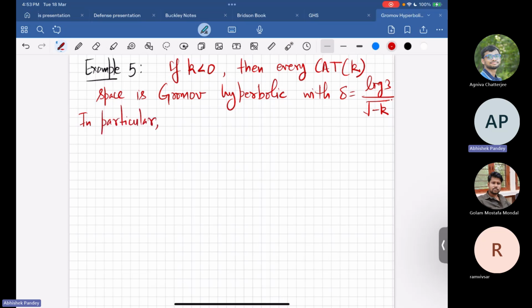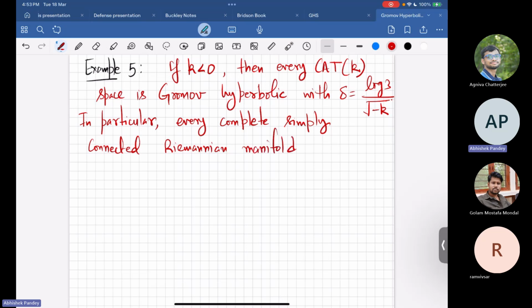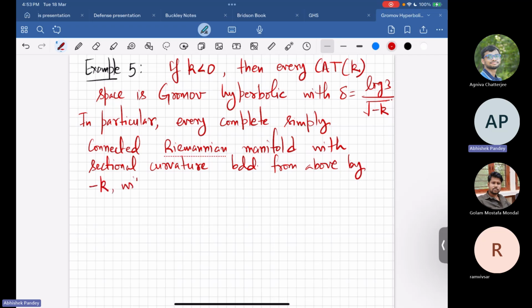In particular, every complete simply connected Riemannian manifold with sectional curvature bounded from above by minus k, with k positive, is Gromov hyperbolic.